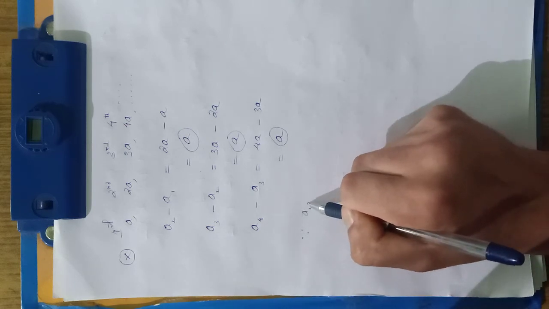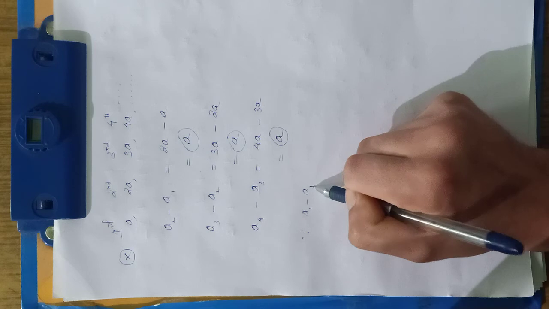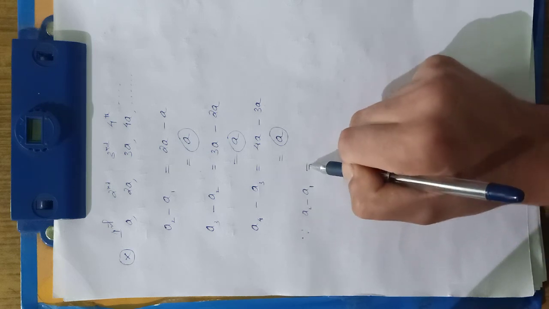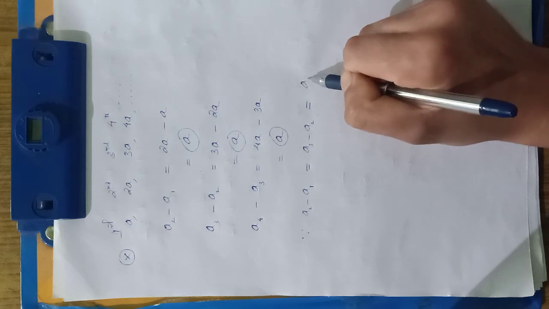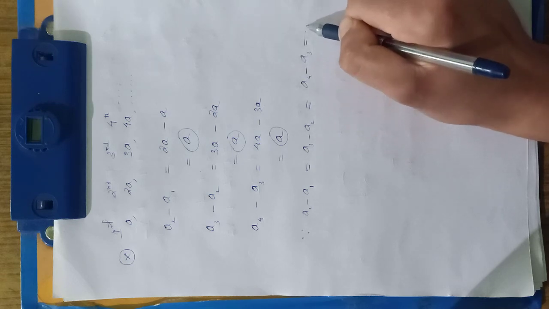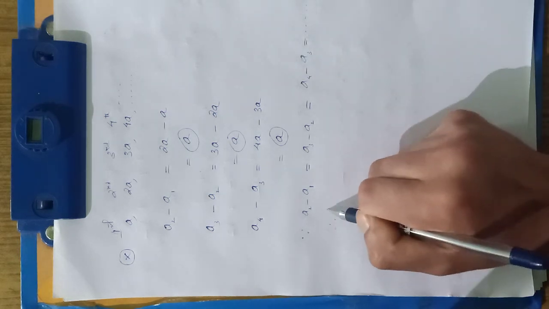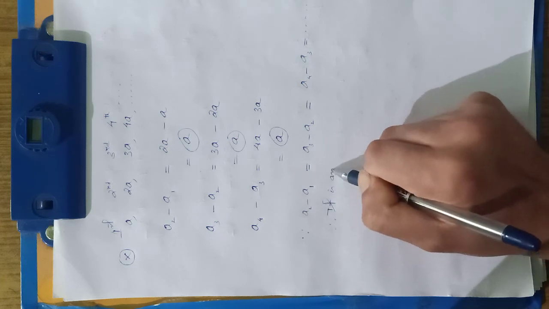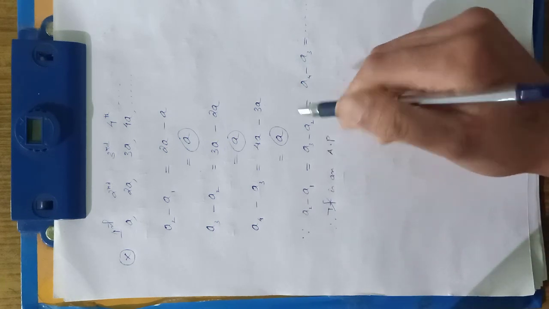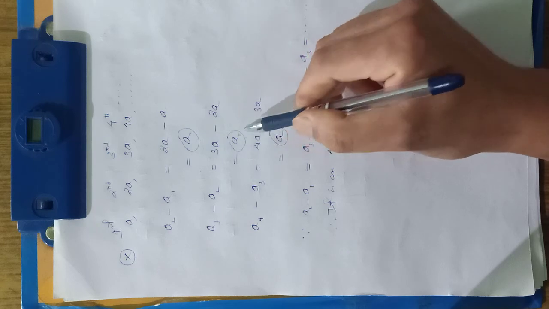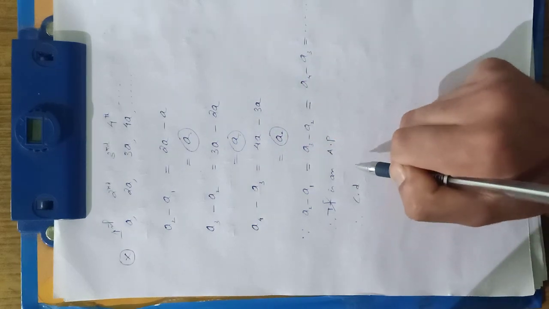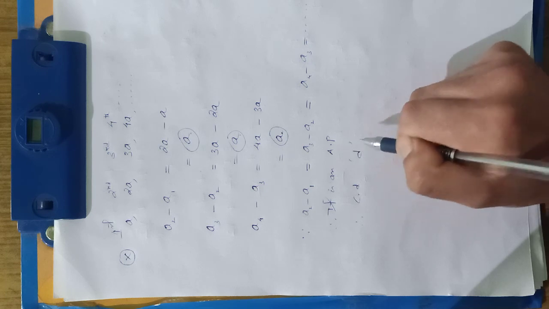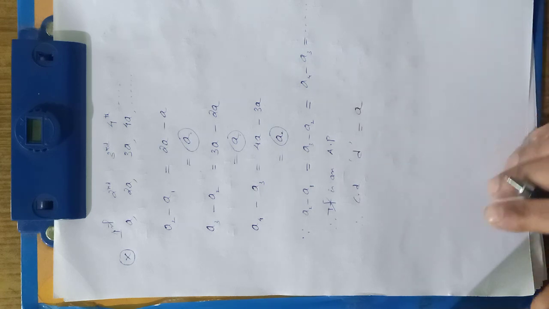Since the difference between the first two terms is equal to the difference between the next two terms, is equal to the difference between the next two terms, and so on, therefore it is an arithmetic progression. Now here we see that the common difference is equal to a. Therefore, the common difference, which we denote by d, is equal to a.